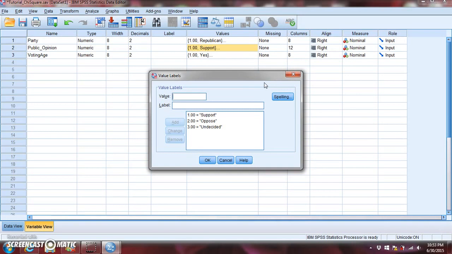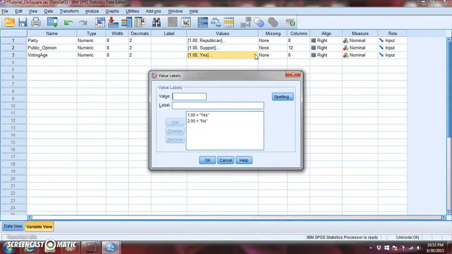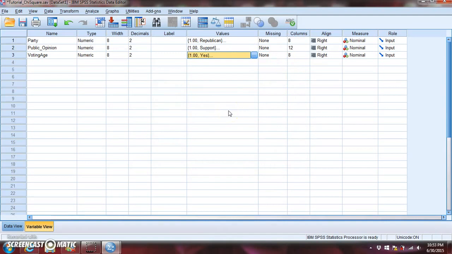They support it, they oppose it, they're undecided. Kind of whatever you can think of, you can imagine being used in this case. Then we have the voting age, yes or no. So this is saying basically, is the participant old enough to vote? Yes. Or are they not? No. So we actually have three different categorical variables here.